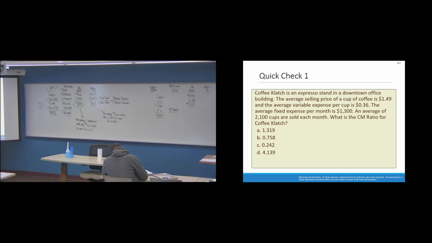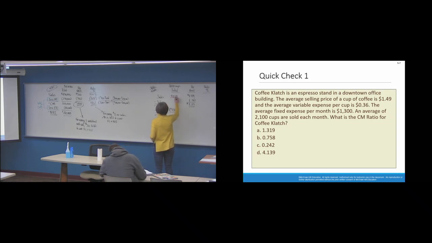All right, so somebody tell me how I find my total sales. Multiply the total number of cups times what? $1.49 per unit, right? You charge $1.49 per cup of coffee and you sell 2,100 cups. What's your total sales? You guys have calculators, you're supposed to.